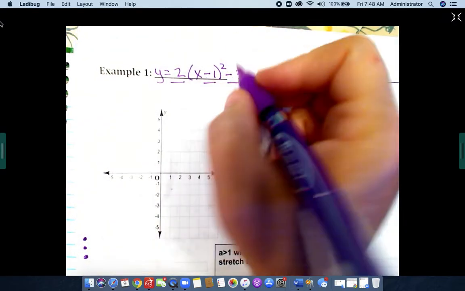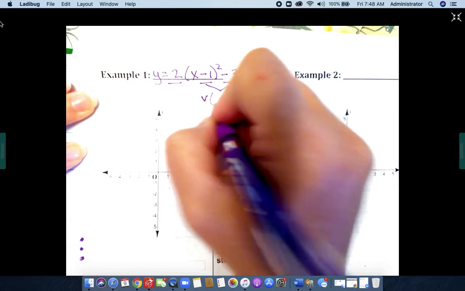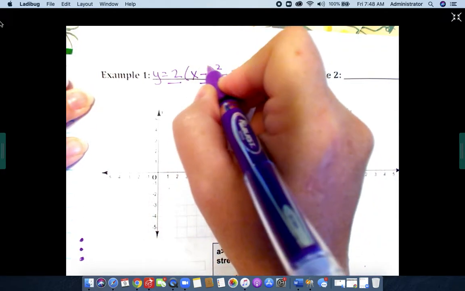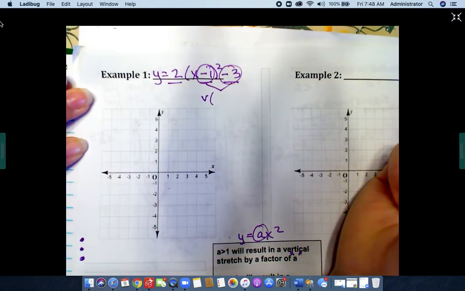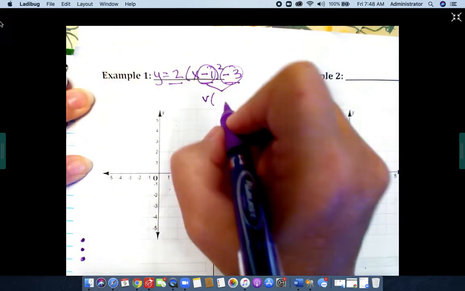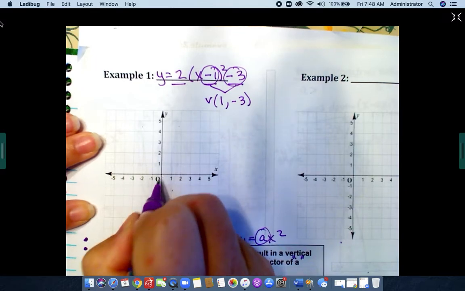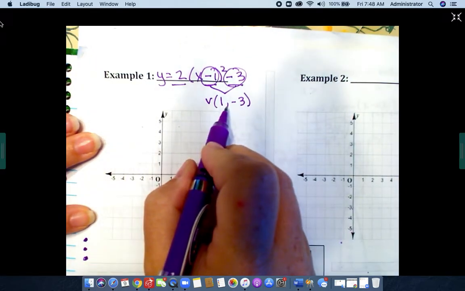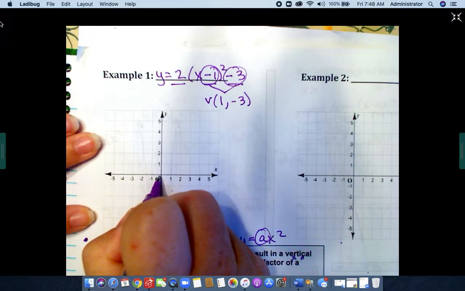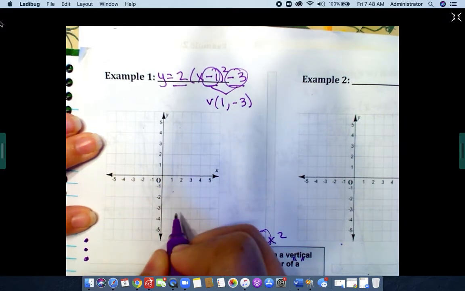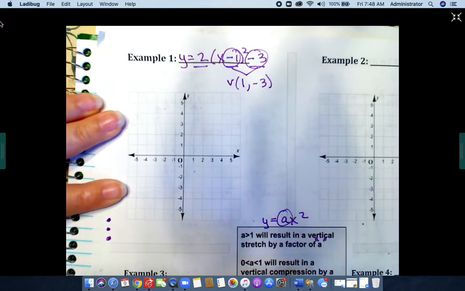My recommendation is to always start with the vertex. Well, what is our vertex? Let's switch, keep. So our vertex is 1, negative 3. So all that means is from the origin, I'm going to go to the point 1, negative 3. But how would I describe that in terms of a transformation?